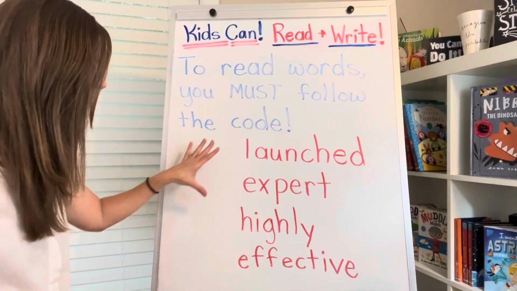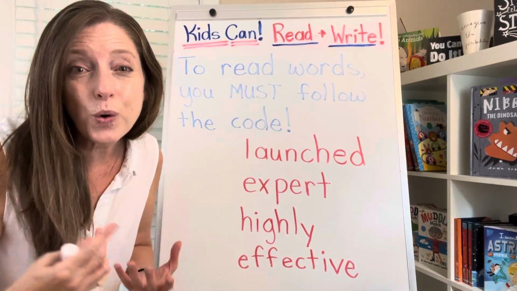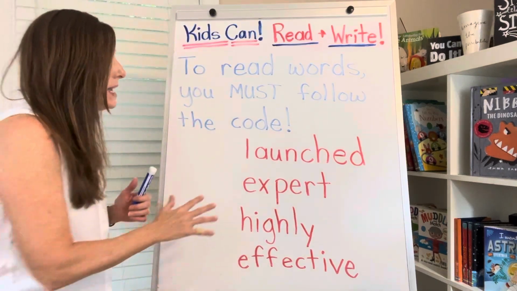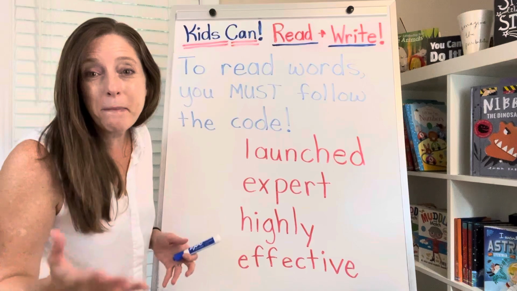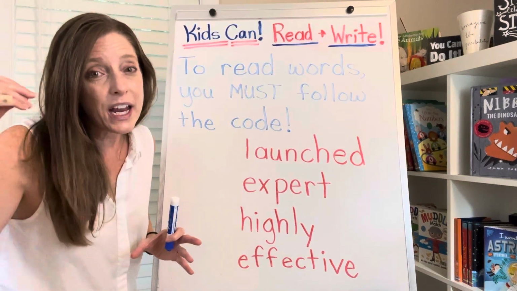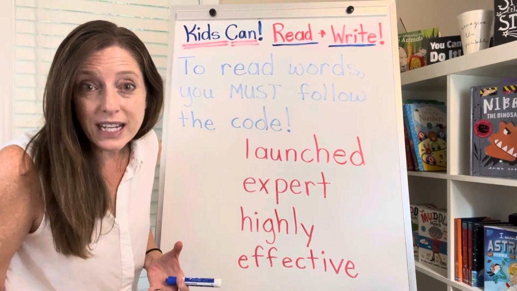So I want to talk to you about just a few words today and see if you or your child knows the code, right? I want you to see how well you know the code, because maybe you've just done like him and memorized a bunch of words, and your first impulse is just to say whatever you see.